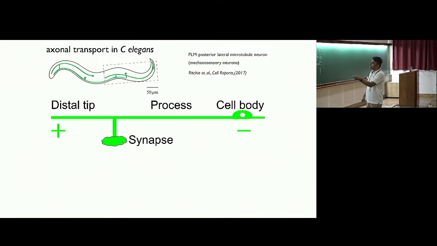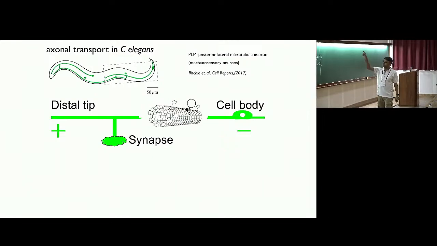I'm simplifying this cartoon further. In this cartoon I'm showing this as the cell body, and this part of the axon is called the process, and that's the distal tip, and it can have several connections with other neurons which are developed via synapses.